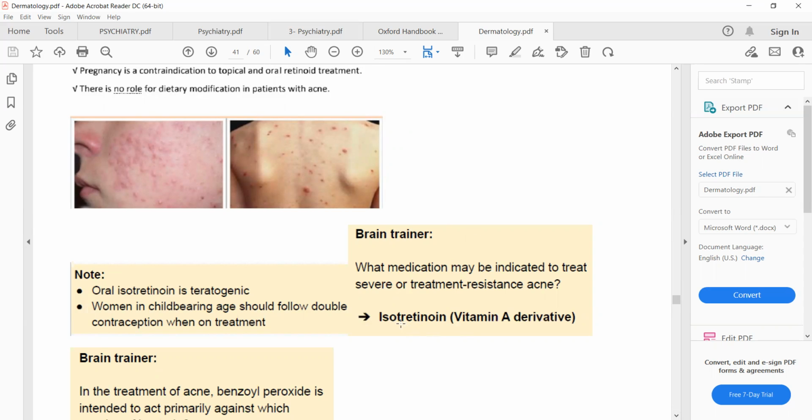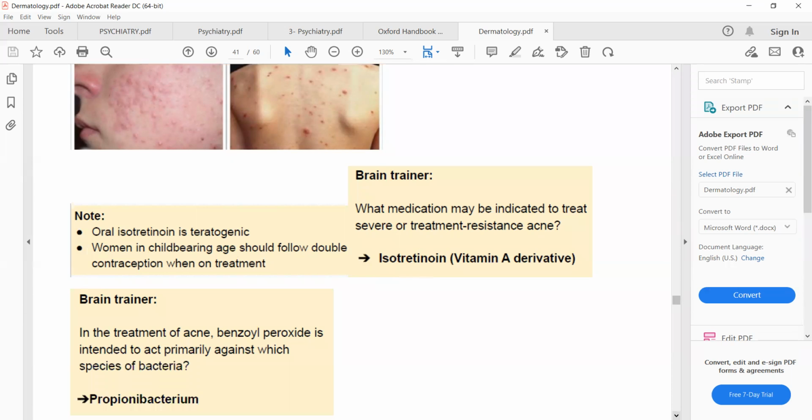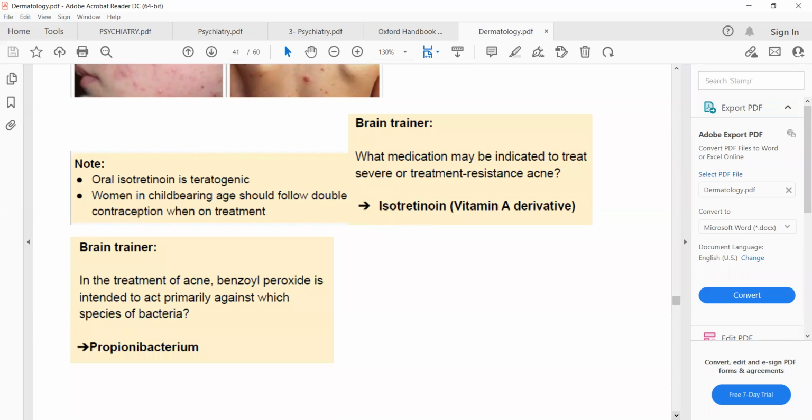Remember that oral isotretinoin is never started by a general physician. So if acne is treatment resistant and you want to start isotretinoin or vitamin A analogs, then you will refer the patient to a specialist for further management. Remember that oral isotretinoin is teratogenic, so a woman of childbearing age should follow double contraception when she is on oral isotretinoin.